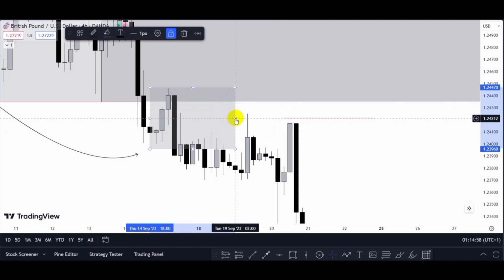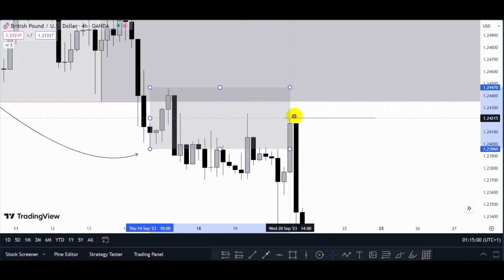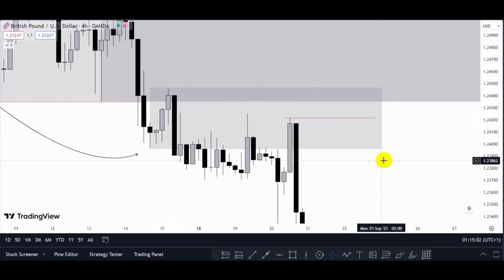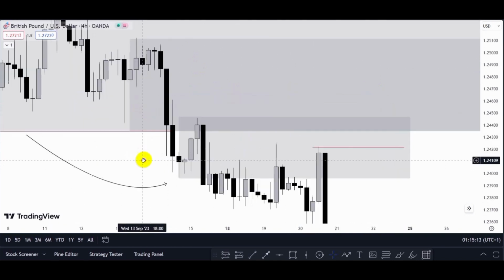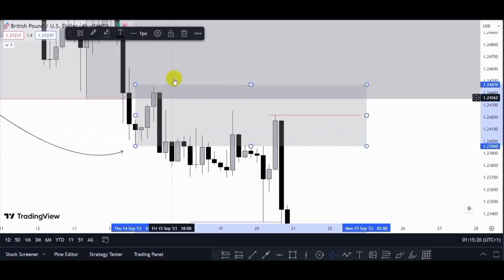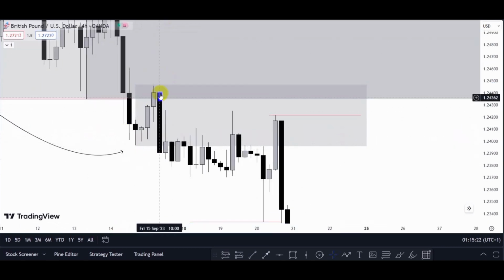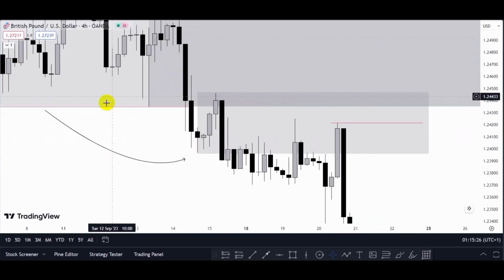And then you can see when we drag this out to this point, you would see that price came back to mitigate this IOF zone that gave us the push to the downside that validates the break of this structure. This move grabbed the sell side liquidity, and then we have this bullish move that gave us the bearish move that gave us a valid break of this low.